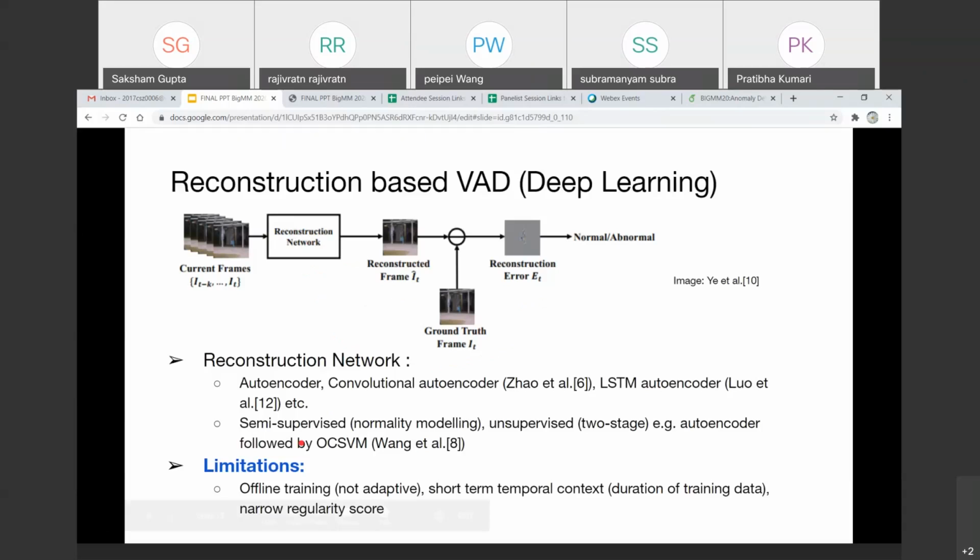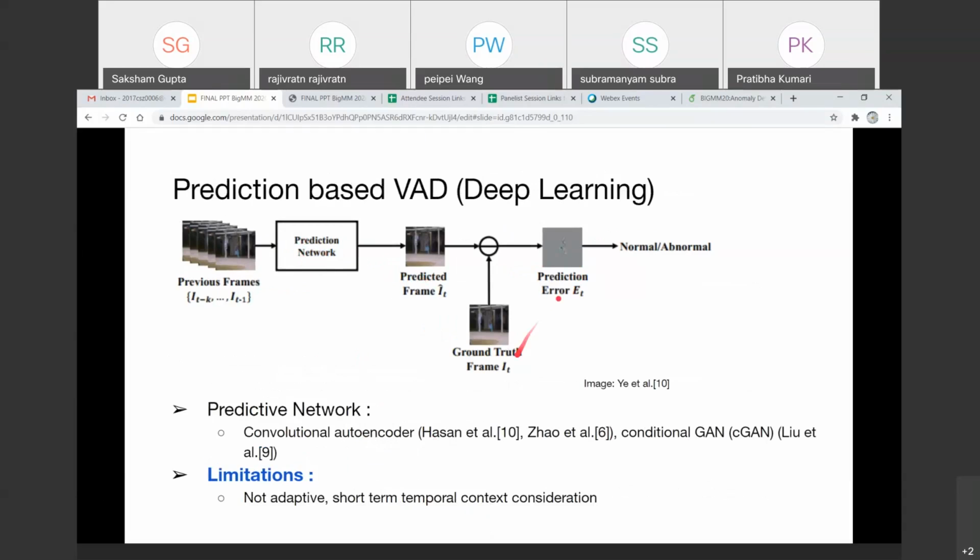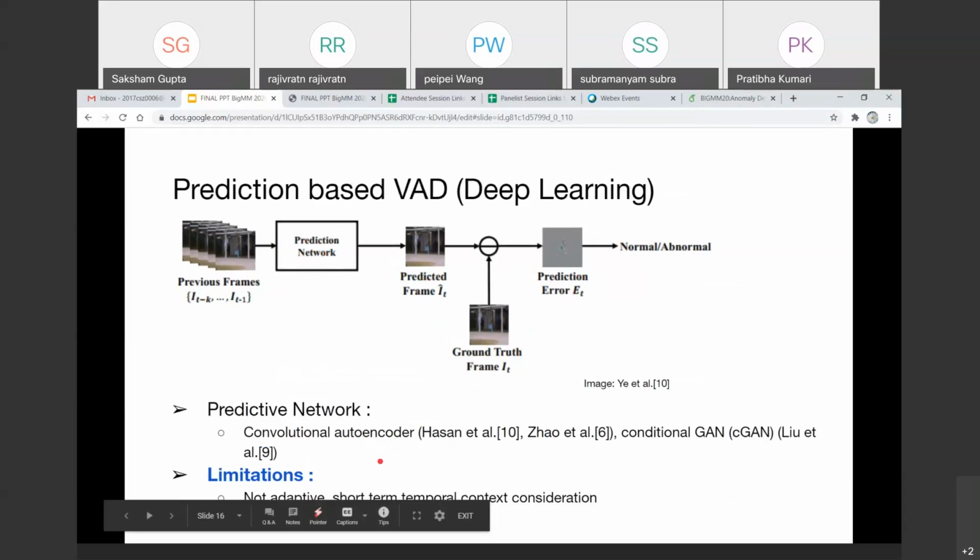This narrow regularity score problem was tackled by prediction-based methods. Mainly GANs were used for the prediction network, and instead of reconstructing, it predicted the next frame, and a prediction error map was generated. The limitation with this approach is that it is also a static approach, not adaptive.